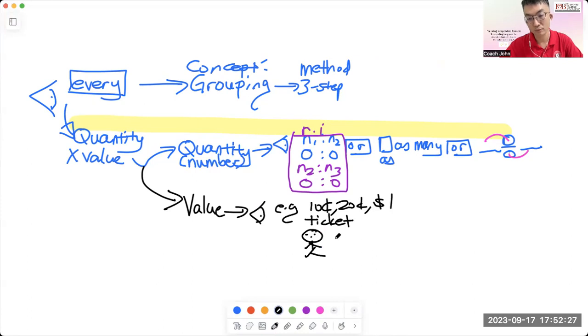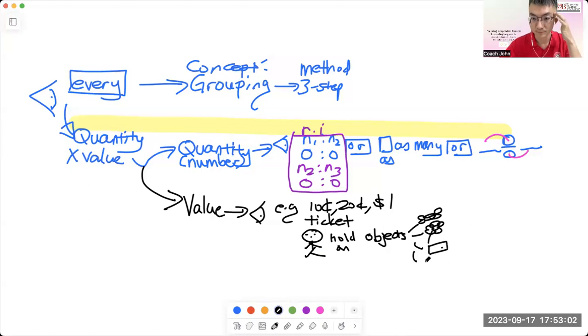So it sounds like they are holding on to something, objects like sweets, flowers, stamps or tickets, or chocolates.